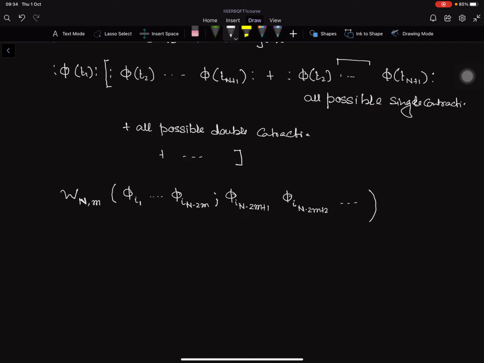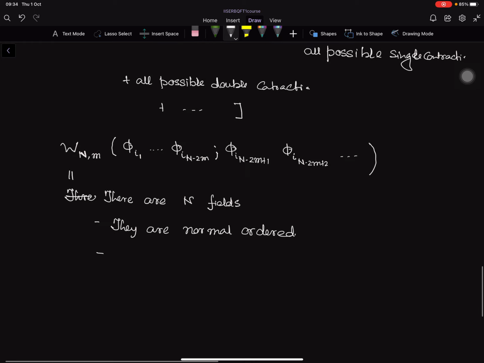This notation means that there are n fields, they are normal ordered, and 2m of them are contracted.